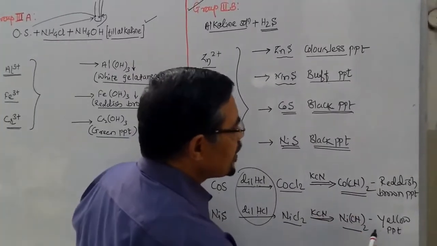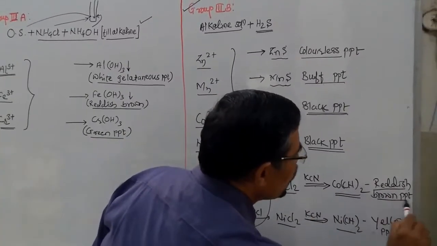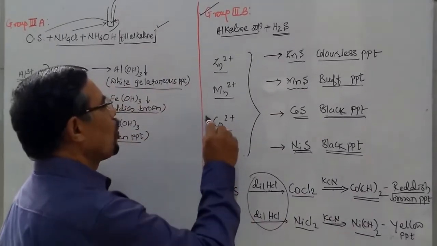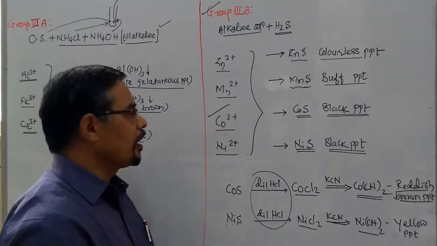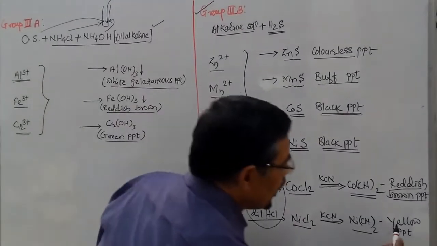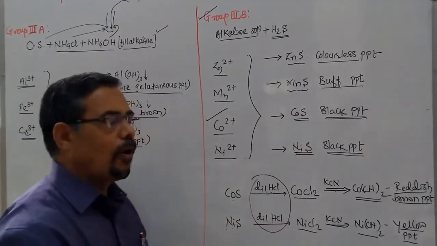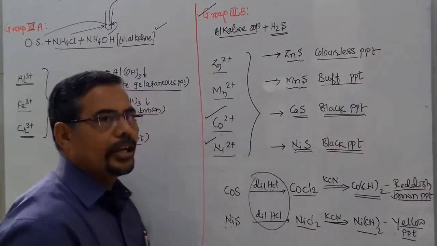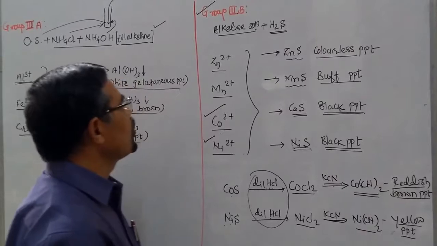If this cyanide precipitate is reddish brown colored, that indicates the presence of cobalt ion in the given mixture, and if yellow colored precipitate is formed as a cyanide, then Ni2+ ion is present in the given mixture.